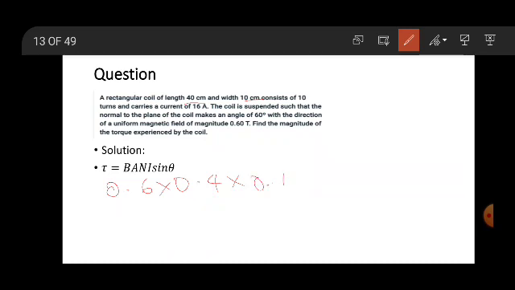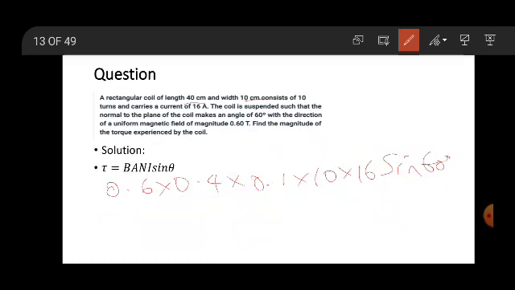That's length times breadth, okay? Now, N here is the number of turns. In the question, we are given 10 turns. Then I is the current. In the question, the current flowing through it is 16 amperes. Then we have sine theta. The theta is 60 degrees, the angle its normal makes with the field.